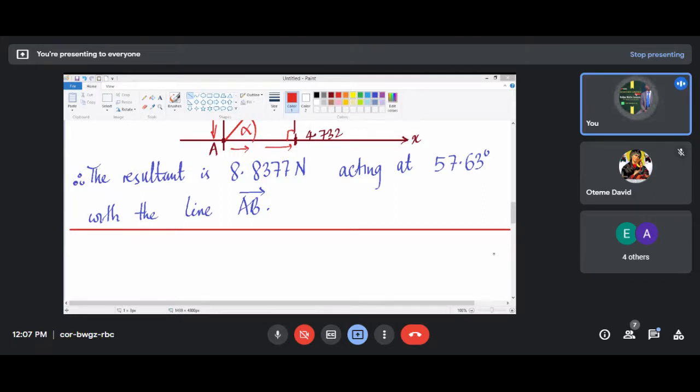So this brings us to the end of this chapter, the topic of resultants and components of forces. If you have any issue, let me know before I proceed to the next chapter.